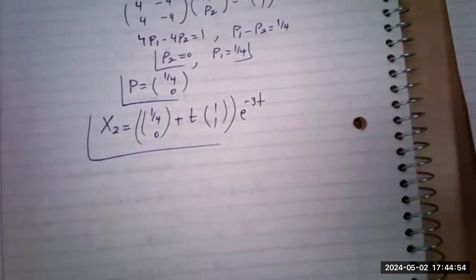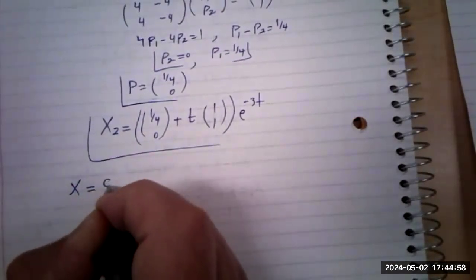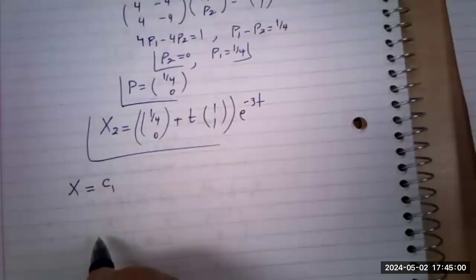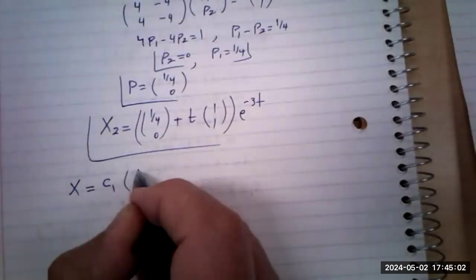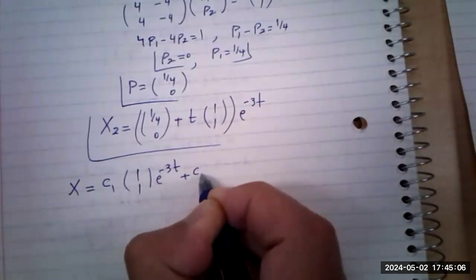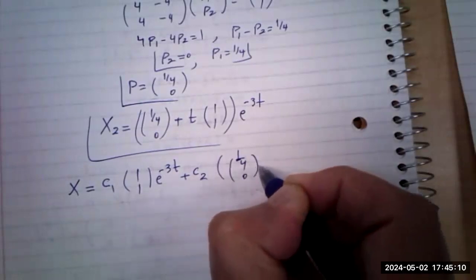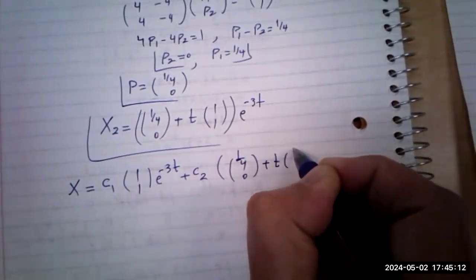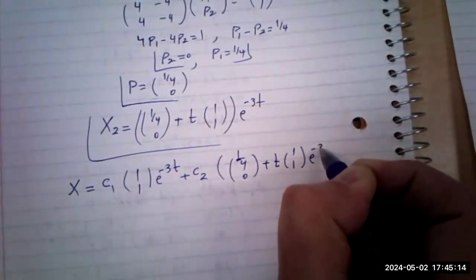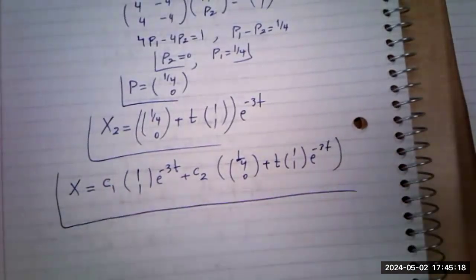So the general solution is going to be C1 x1, where x1 was 1, 1 e to the -3t, plus C2 times the one that we have here, quarter 0 plus t 1, 1, e to the -3t. Okay, that's the general solution.